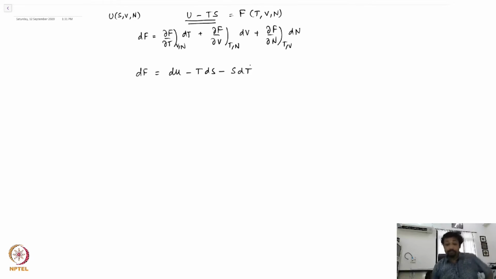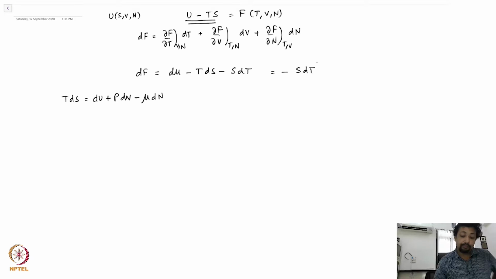If you look at the left hand side, dF is also identically dU minus TdS minus SdT. And if you recall your first law, TdS is equal to dU plus PdV minus mu dN. So this means dU minus TdS is minus PdV plus mu dN.